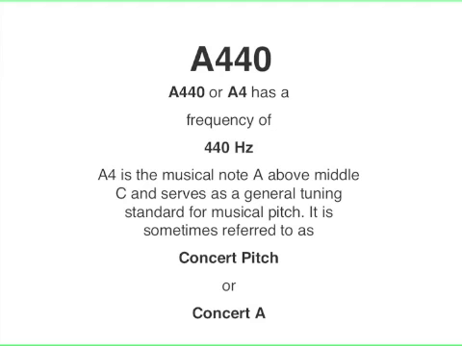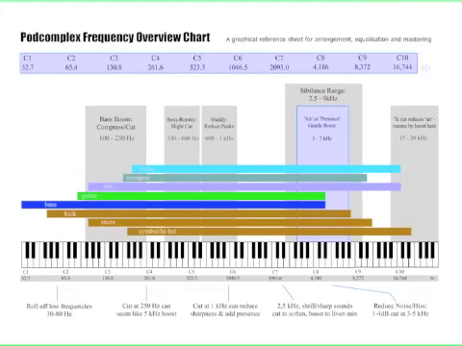There are other ranges and other tunings in other cultures, but for the sake of this webinar, we'll stick with Western tunings and Western frequencies. Here's a large chart with a lot of information.